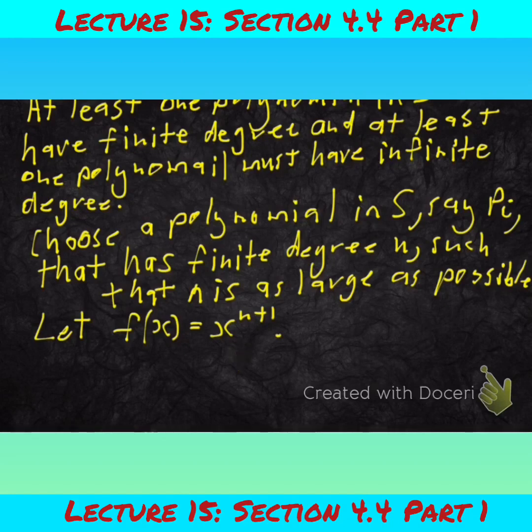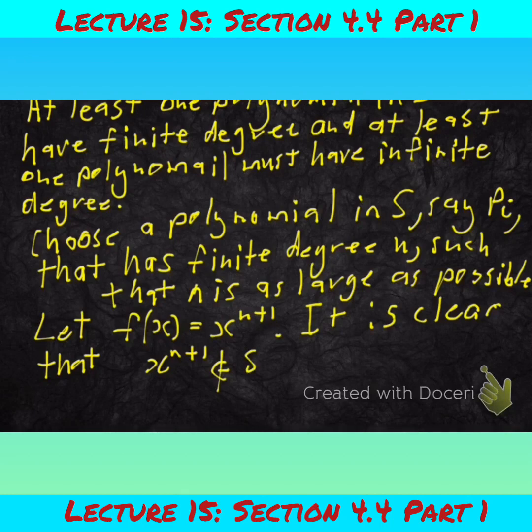So it is clear that x^(n+1) cannot be a linear combination of vectors in S. It can't be in the span of S.